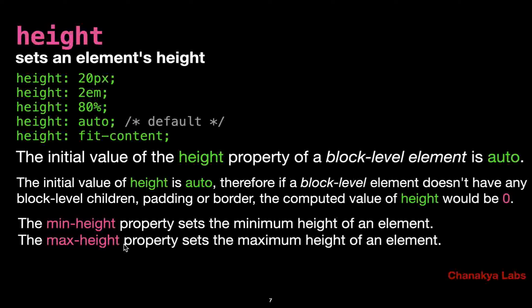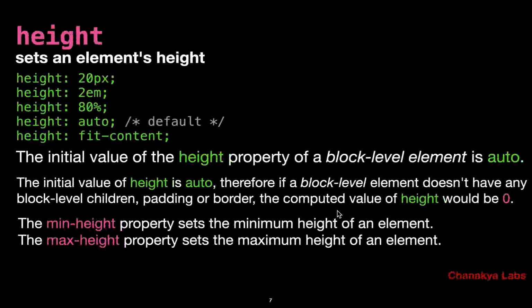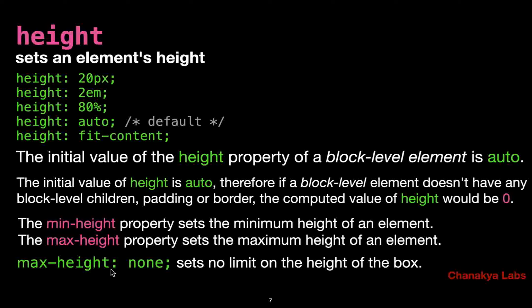Max height means that it cannot have a height more than that. Max height also has a none value, which sets no limit on the height of the box, which means that it can grow into an infinitely long web page. It will not have any restriction on the height.